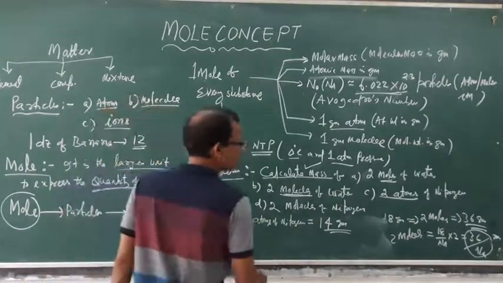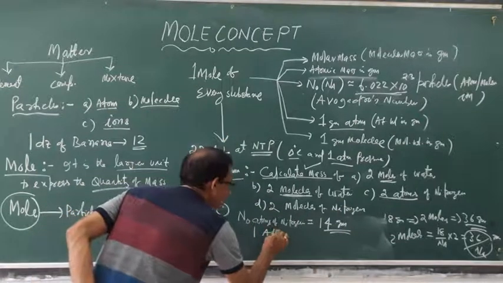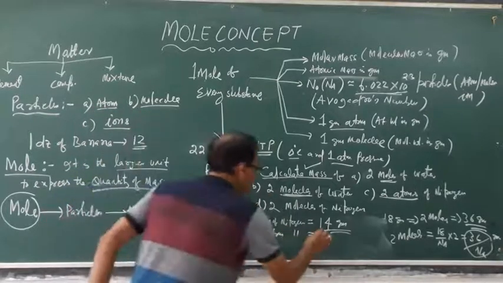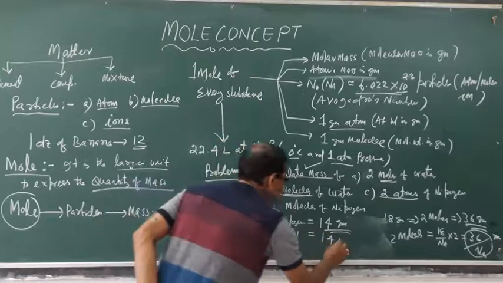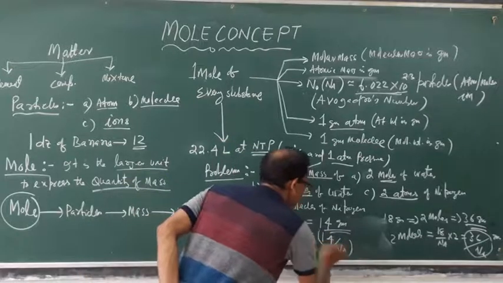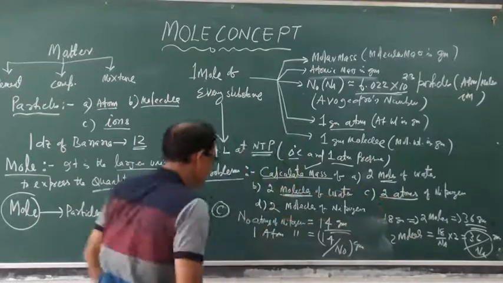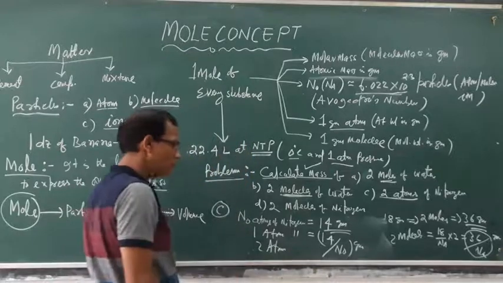How many were given in the question? Two atoms. So one atom of nitrogen equals how much? 14 upon N0 gram. Then as per the question, two atoms. So two atoms will be how much?